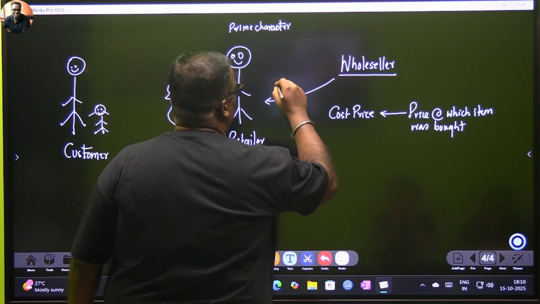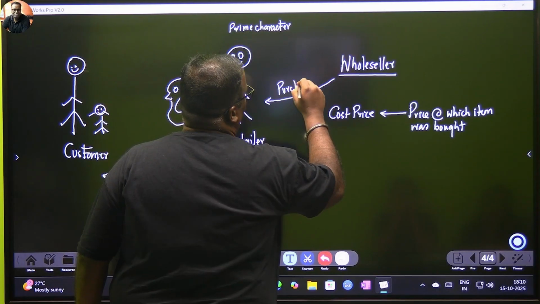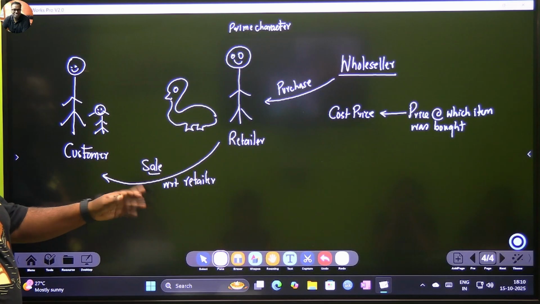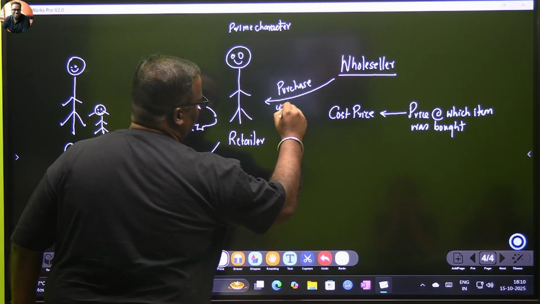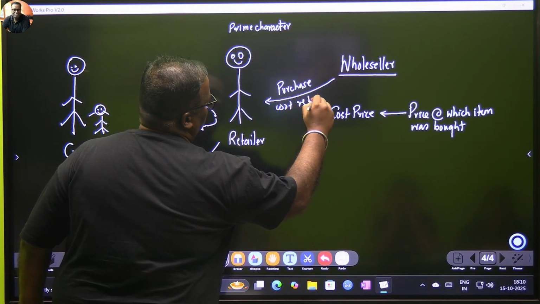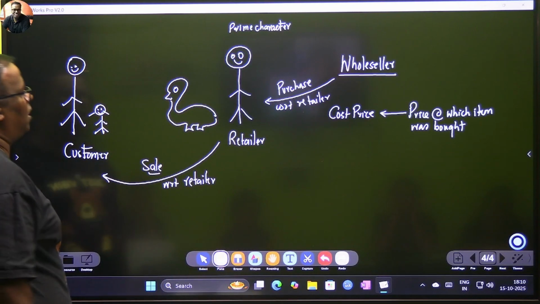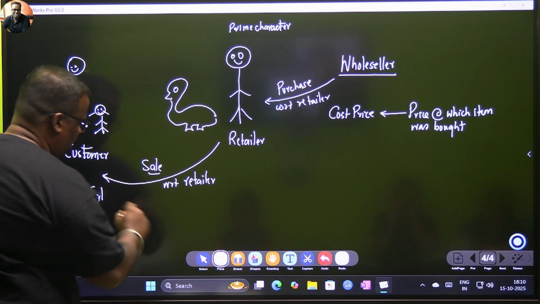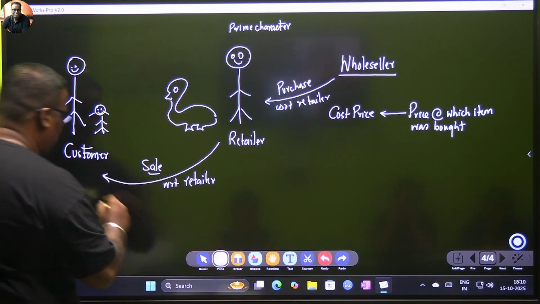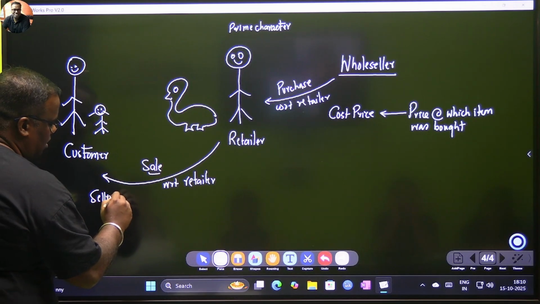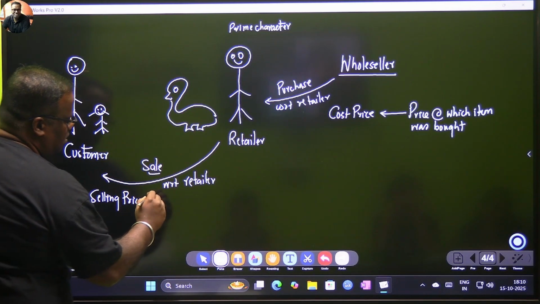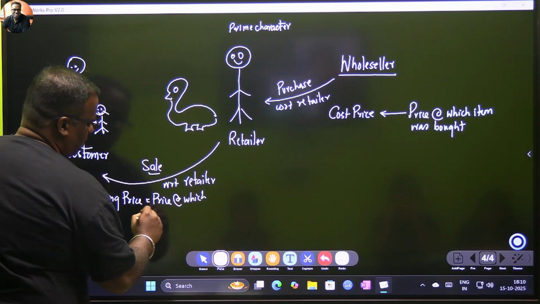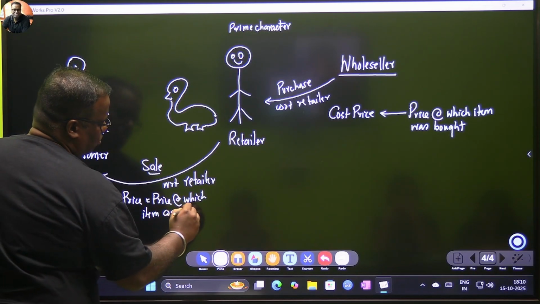So his action is known as purchase, and now he is doing the sale. Everything is with respect to the retailer. The price at which he bought is known as the cost price, and he will sell it at the selling price, or sale price: the price at which the item was sold.